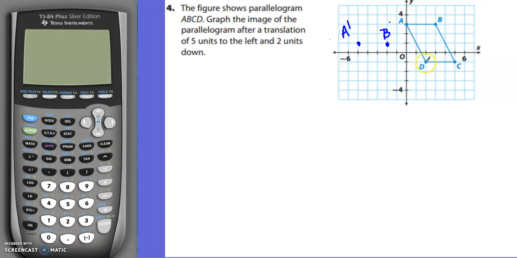Okay, D, 5 to the left, 2 down. 1, 2, 3, 4, 5, down 1, 2. D prime. Okay, C, 1, 2, 3, 4, 5, down 1, 2. C prime. Okay, we connect our dots.